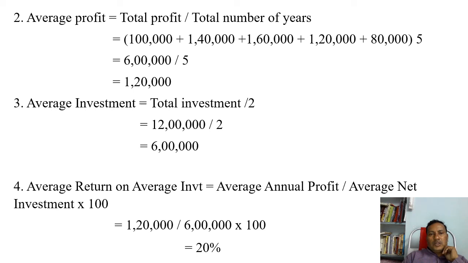Average profit, you have to add all the profits divided by 5 years. After adding all the profit, it comes to 6 lakh divided by 5, that comes to 1 lakh 20,000. The average investment is total investment divided by 2, that is net investment 12 lakh divided by 2, it comes to 6 lakh. So the average return on average investment: 1 lakh 20,000 average annual profit divided by 6 lakh average investment into 100, it comes to 20%.